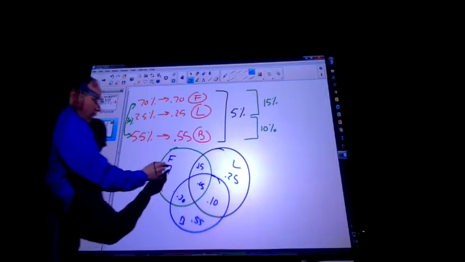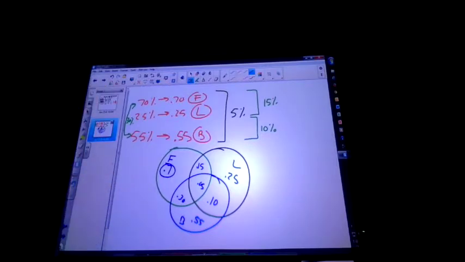So I need to modify this right here to what? 20%? How are you going to get that? You take your 70%, and then you subtract 15%, 5%, and then 30%.